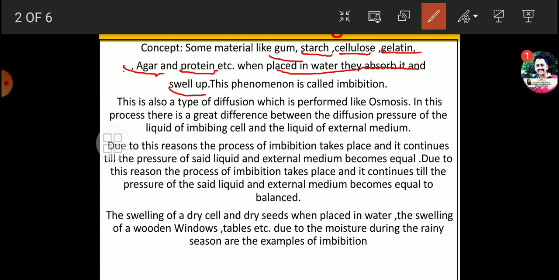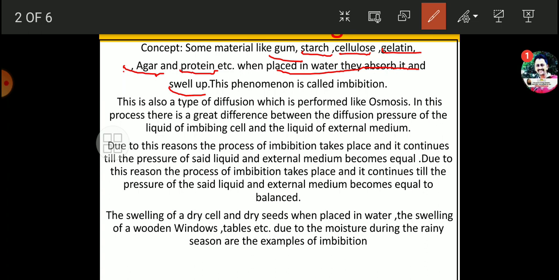The moisture percentage is very high, and because of that, wooden doors and wooden windows absorb the water and swell a little bit, and because of that we face problems when closing or opening the doors, isn't it? Whenever water is absorbed by the door, the door swells. That process is known as imbibition.